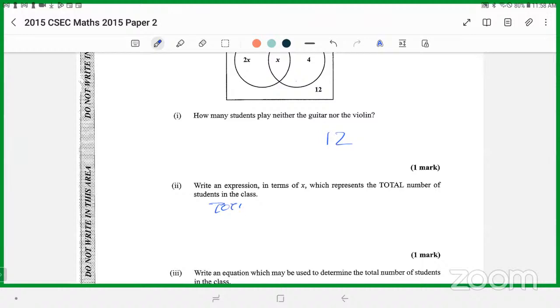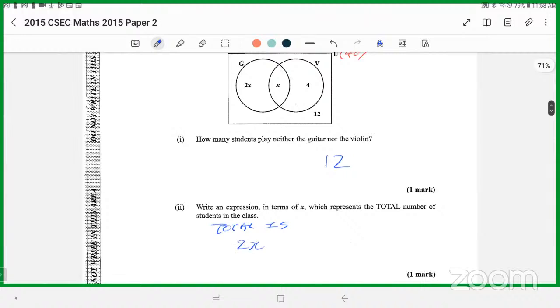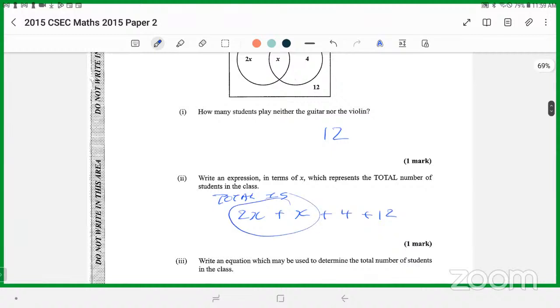Total is 2x, that's this 2x, plus x, plus x, that's this x, plus 4, that's this 4, plus 12. I can simplify it. This is 3x, and this 12 plus 4 is 16. So that is 3x plus 16. That's it. I want to say this equals 40.